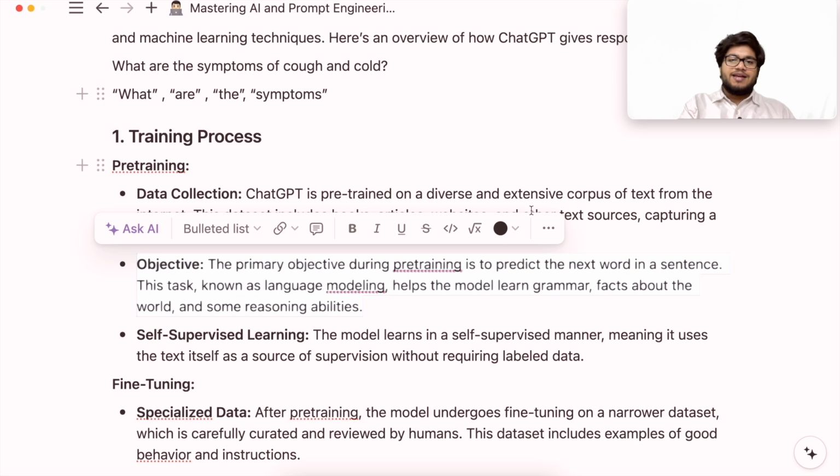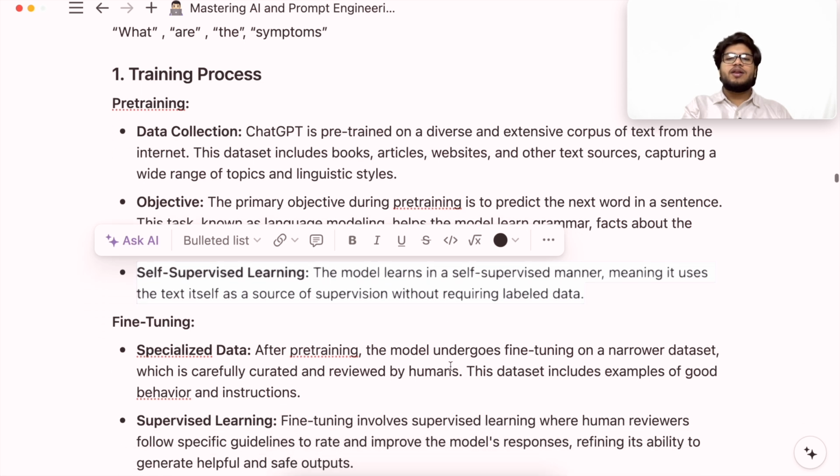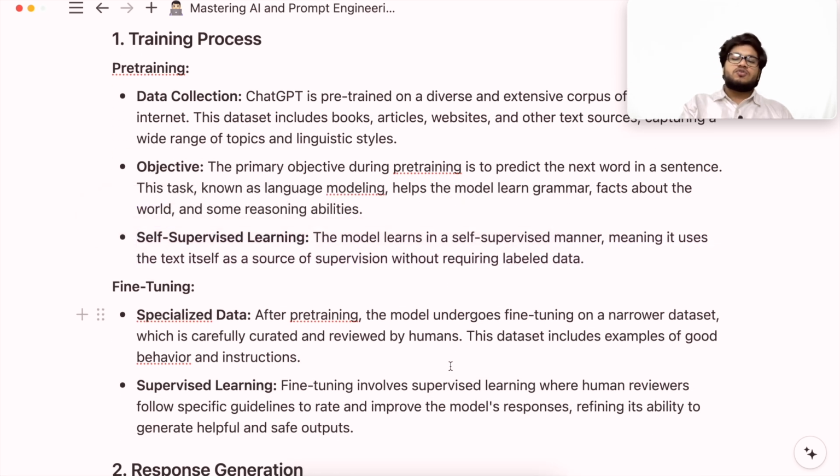It works like that, and it also learns grammar, facts about the world, and some reasoning abilities. It is self-supervised learning. The model learns in a self-supervised manner, meaning it uses the text itself as a source of supervision without requiring labeled data.